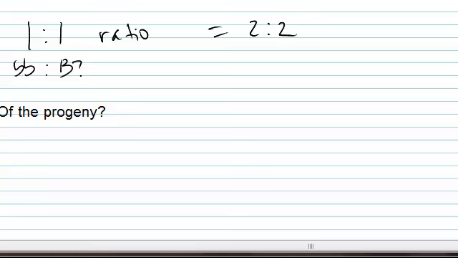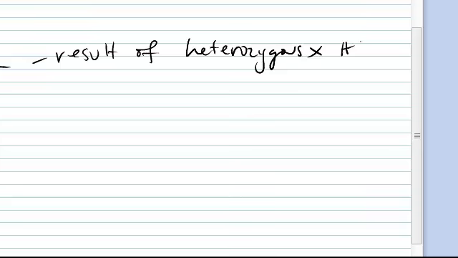And if you know your 6 representative monohybrid crosses, you should know that a 2 to 2 ratio is the result of a heterozygous by homozygous recessive cross. All right?